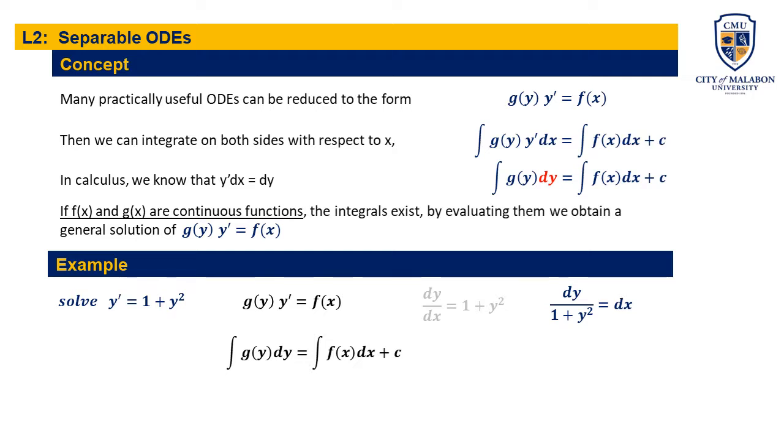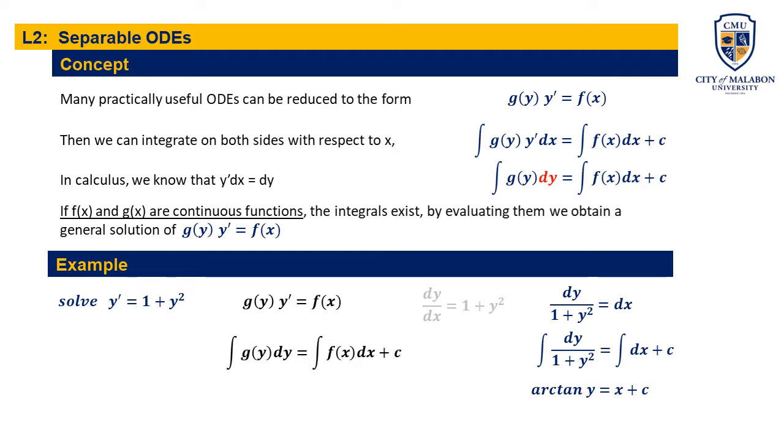So in this particular example, we have the integral of dy over 1 plus y squared is equal to the integral of dx plus c. So we can recall in integral calculus that the integral of dy over 1 plus y squared is equal to the arctan of y. So the integral of dx is x then plus c.